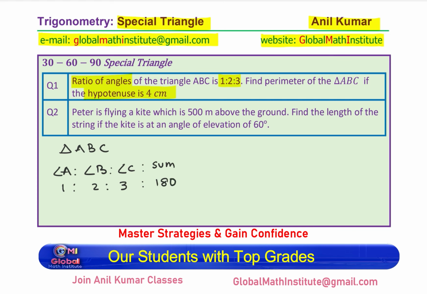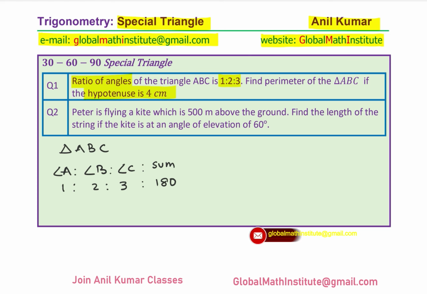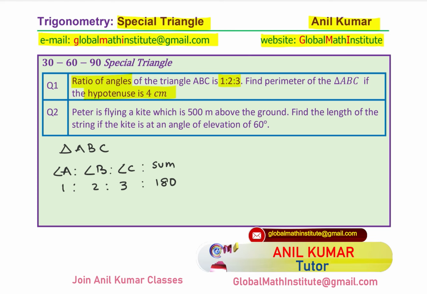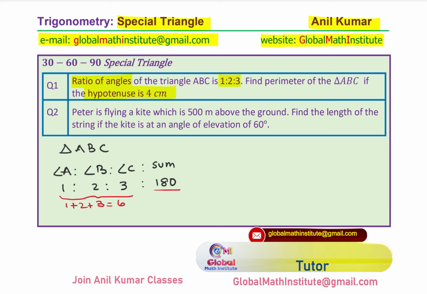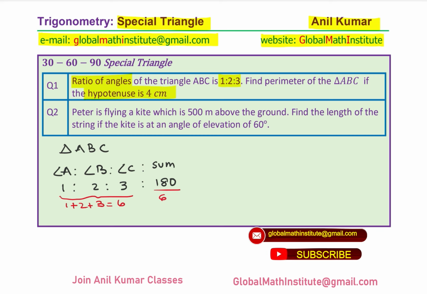Well, when the sum is 180 and the ratio is 1:2:3, what could be the angles and how do you figure this out? The best way is to add them all. 1 plus 2 plus 3 is 6, and so you can divide 180 by 6. When you divide 180 by 6, you get 30, and that gives you a scale factor.